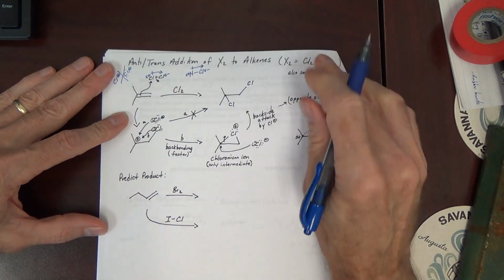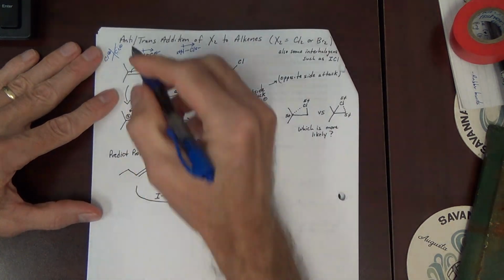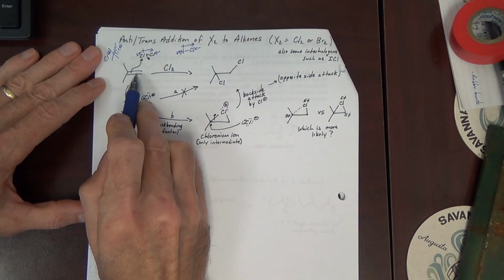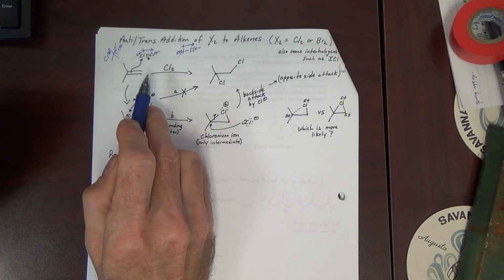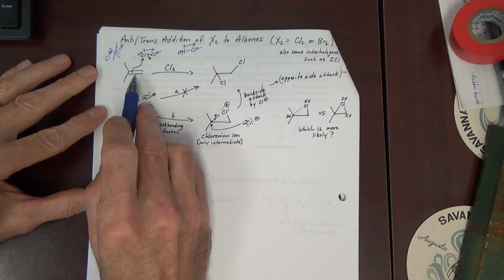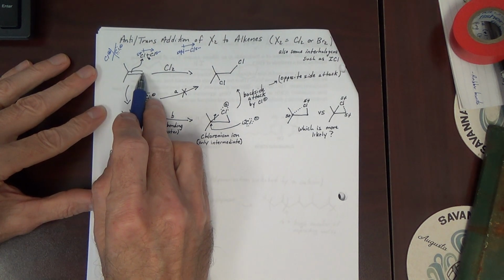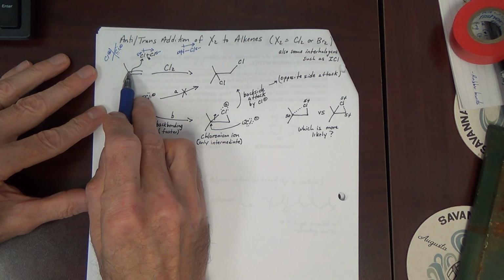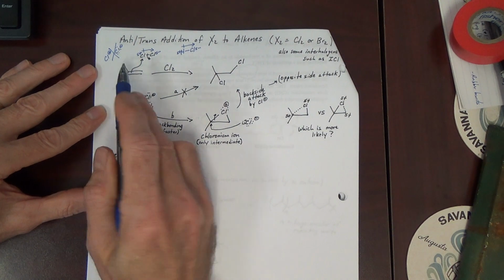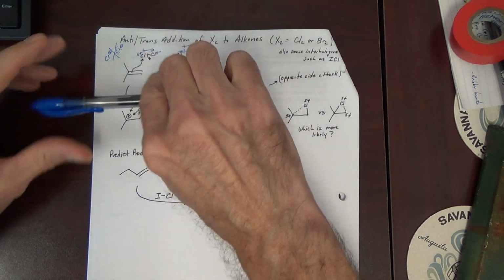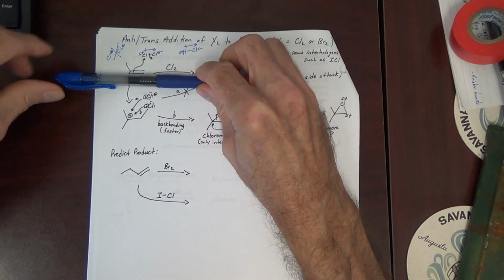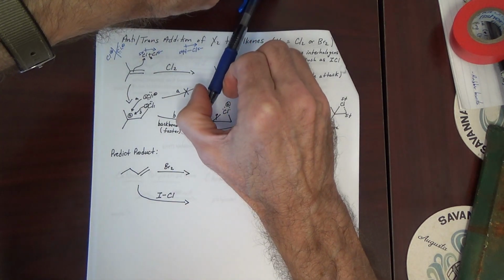And I've already got the arrow drawn here for you. Question though, where are we going to leave the carbocation? We continue to ask the same questions as before. Do we want to make the carbocation on the left or right? And the answer is left, because it would be a tertiary carbocation. So electrons pull away from this left carbon and go make a bond to the chlorine.